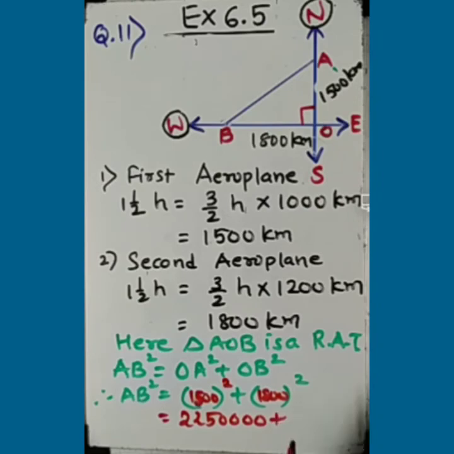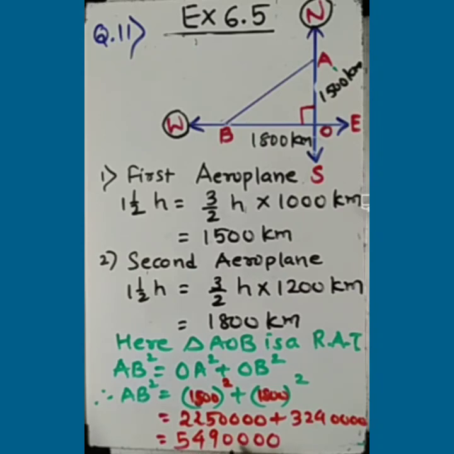Now the square of 18 is 324 and 4 zeros behind that. So the sum of all this will be 549 with 4 zeros: 5 plus 4, 9; 2 plus 2, 4. 5,490,000. This distance is AB square. Let's see this in the second part.